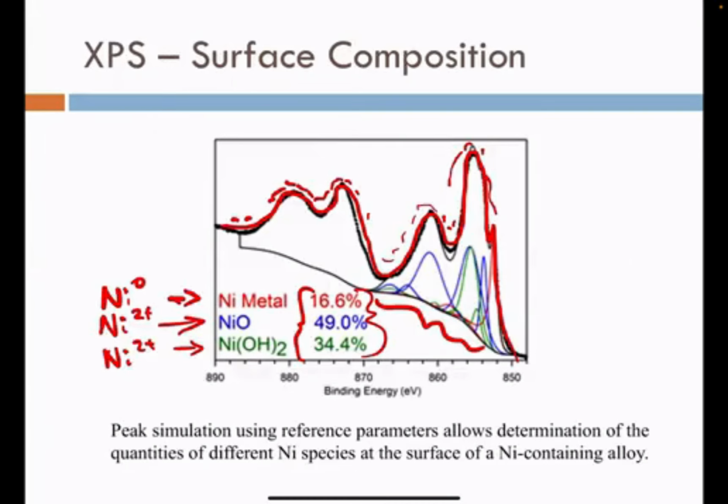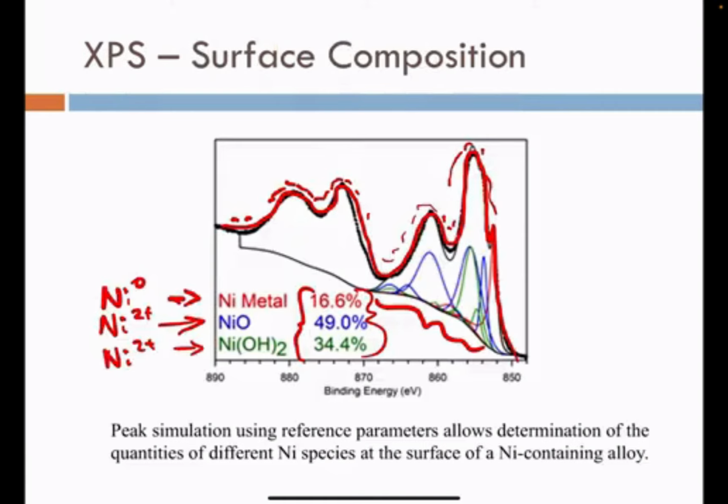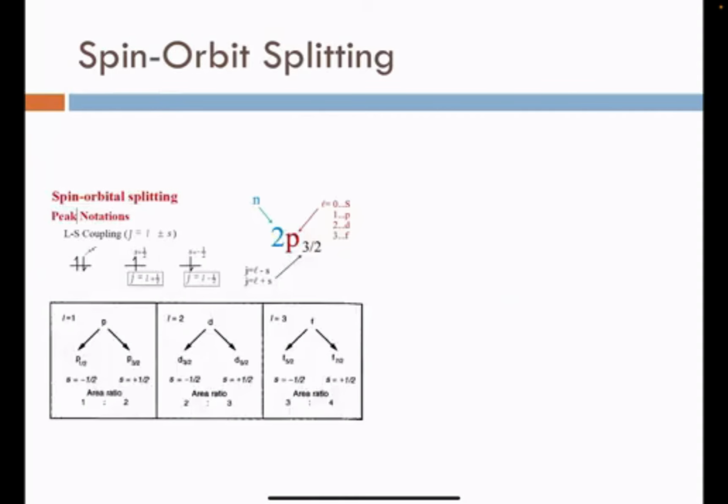So we can see the spin orbital splitting for the 0 oxidation state is about the same as you can see for the higher oxidation state.